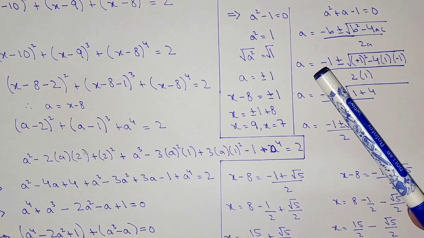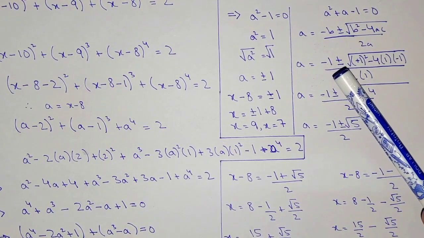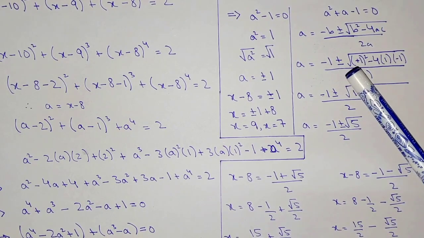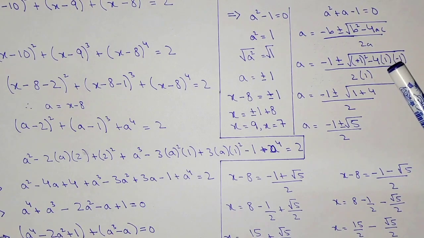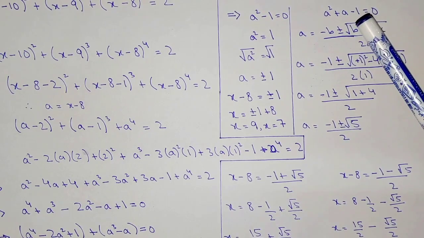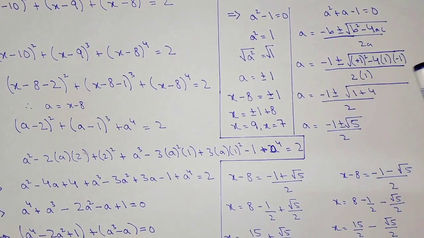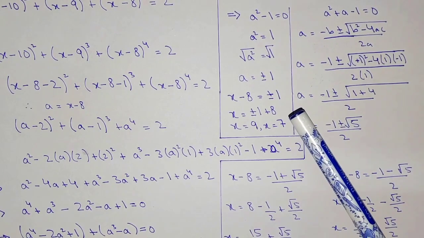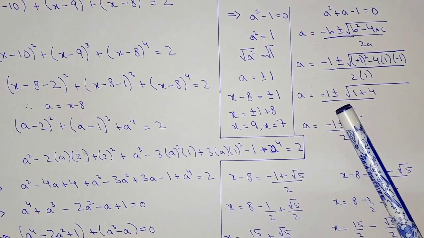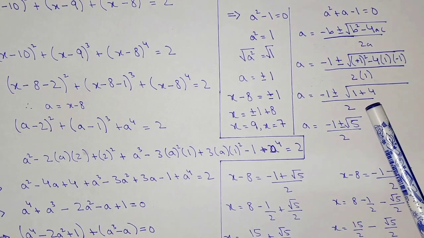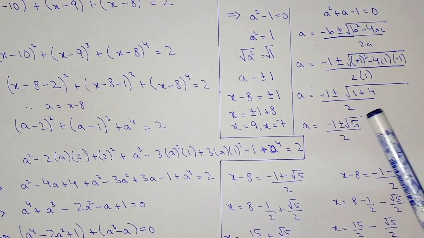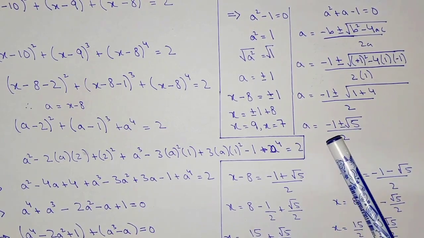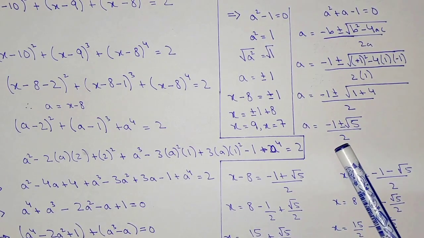So a equals minus 1 plus minus root of 1 square minus 4 into 1 into minus 1, divided by 2 into 1. So a equals minus 1 plus minus root of 1 plus 4, because minus minus is plus, divided by 2. So a will be equal to minus 1 plus minus root 5 divided by 2.